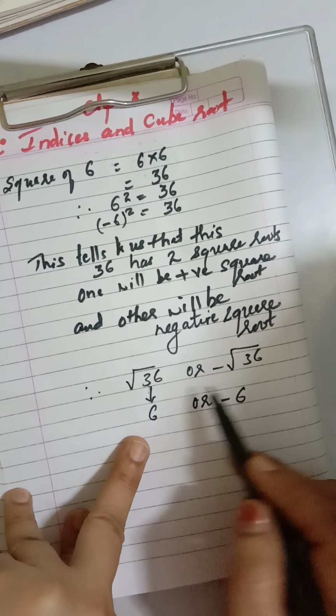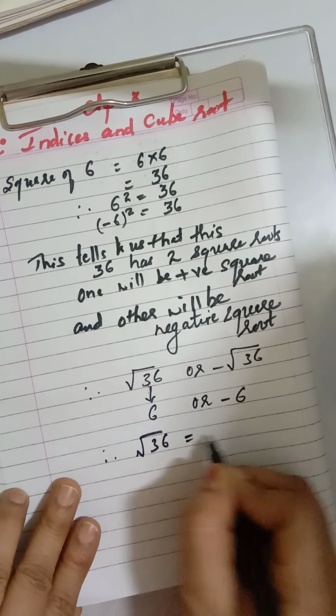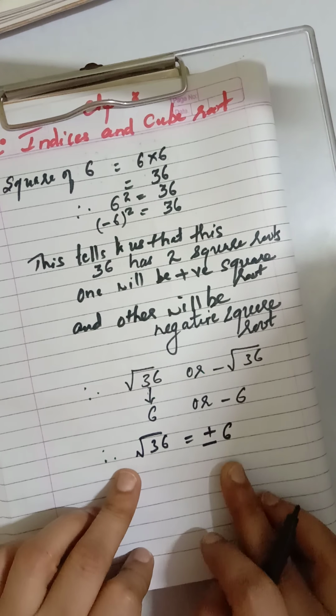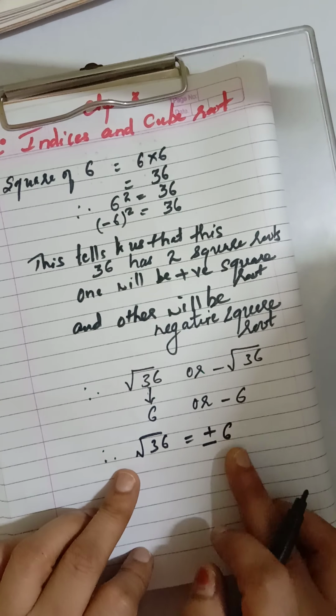In general we can write root 36 is equal to plus or minus 6.